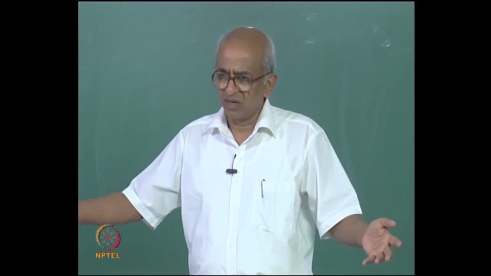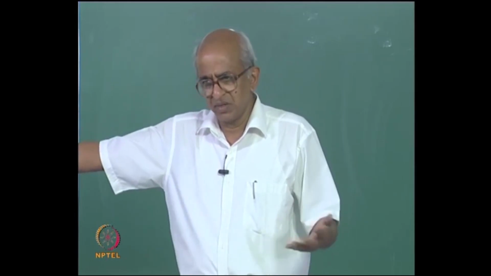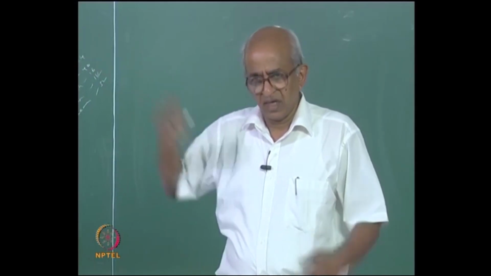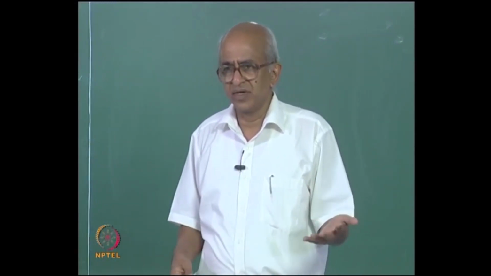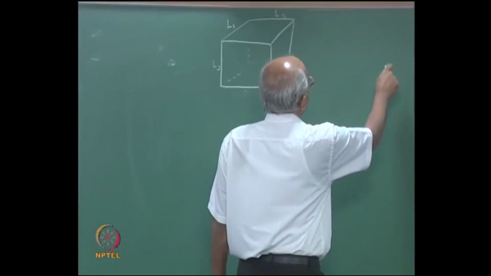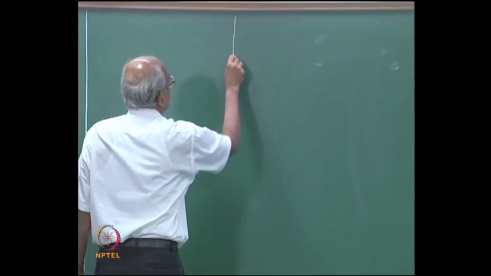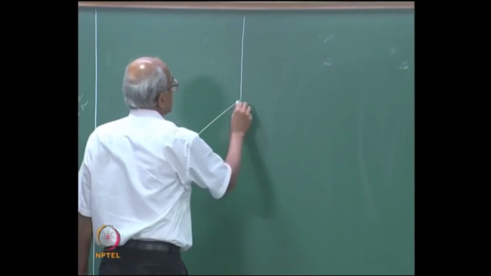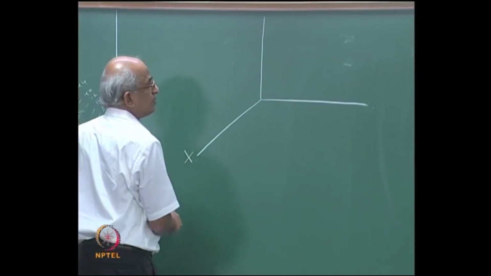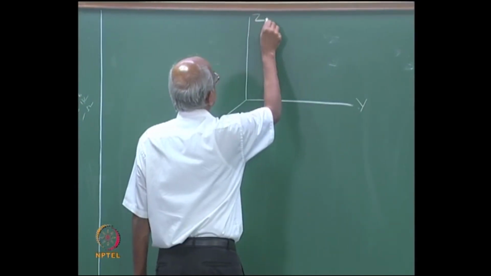While if the electron comes out, then it does not feel the presence of the nuclei, because it is outside the piece of metal, and its potential energy is very large. And again, as before, we will take it to be infinitely large. So, let us have a coordinate system. This is my coordinate system. This will be my x axis, this will be my y axis, and that will be my z axis.